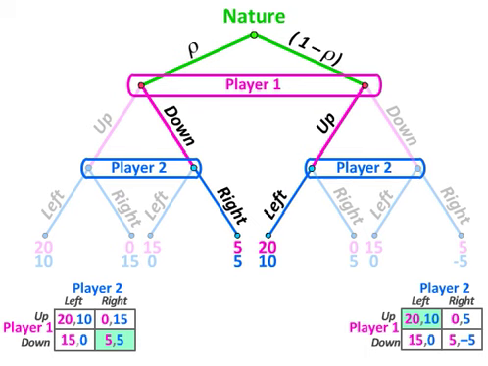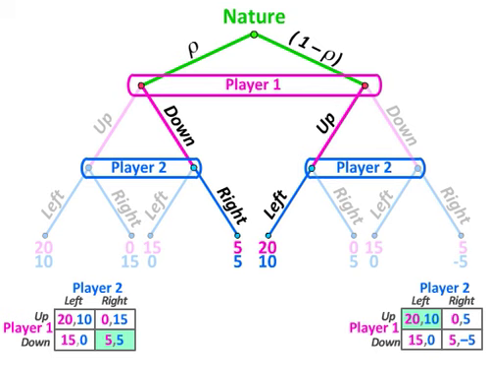Thus, a strategy for player 2 is a plan for what to do in the event that nature assigns her a type 1, whose payoffs are depicted in the payoff matrix on the left, and what to do if nature assigns her a type 2, the payoffs depicted in the payoff matrix on the right.